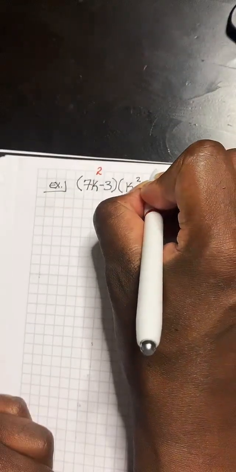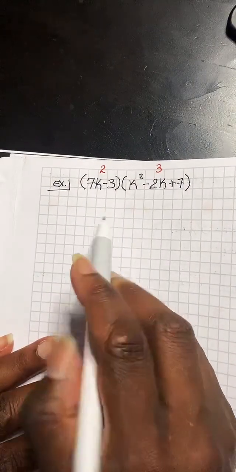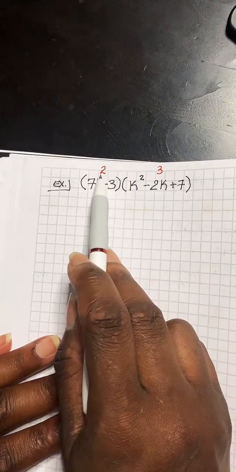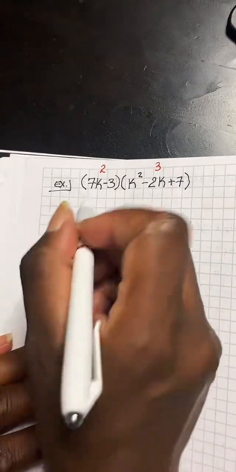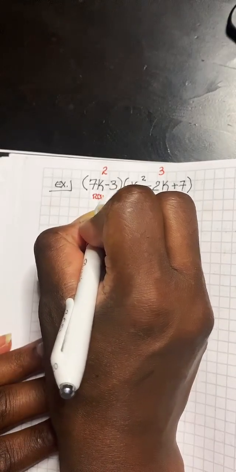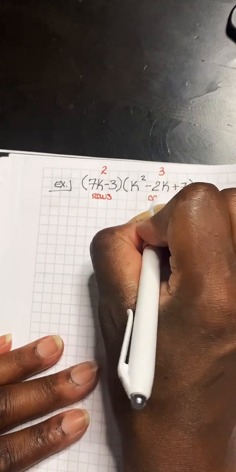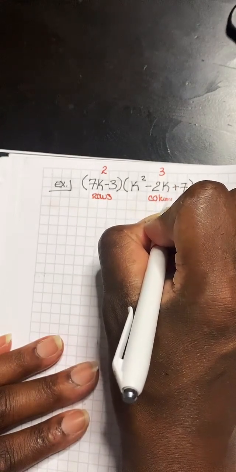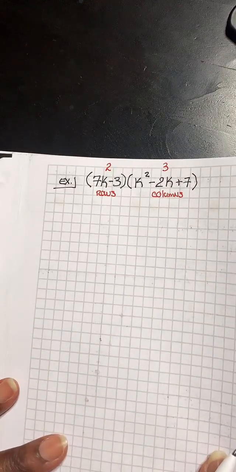This is a trinomial. So we have to make a 2 by 3 box. The first one always deals with the rows, and the second one always deals with the columns. So just in case you're like, how do I know? This is how you know.